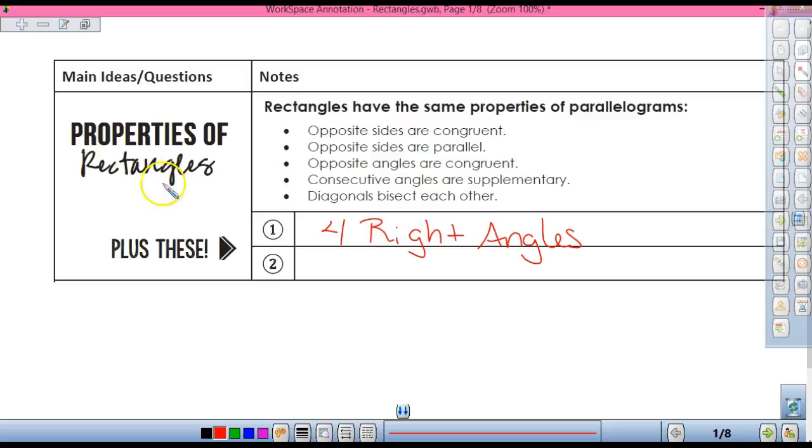And now if it's a rectangle, we can say that the diagonals are congruent. Not necessarily if it's a parallelogram, it has to be a rectangle for the diagonals to be congruent.